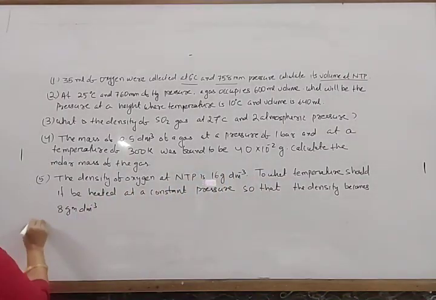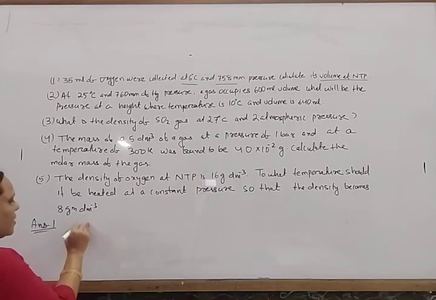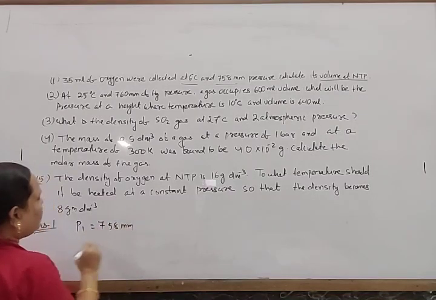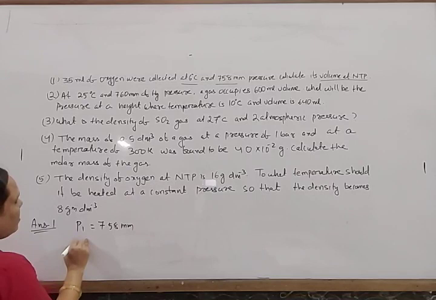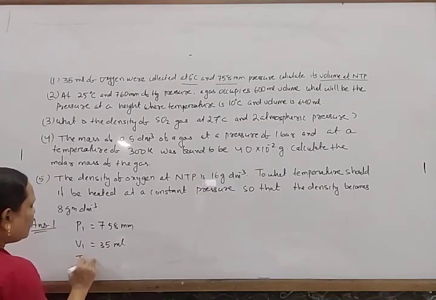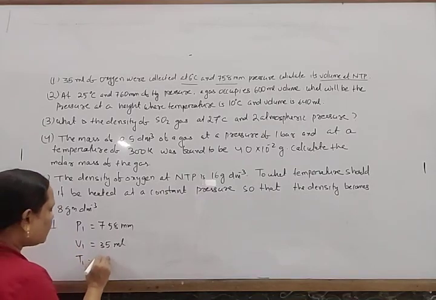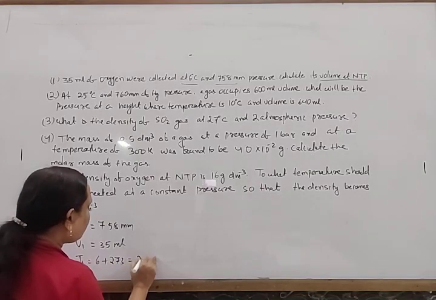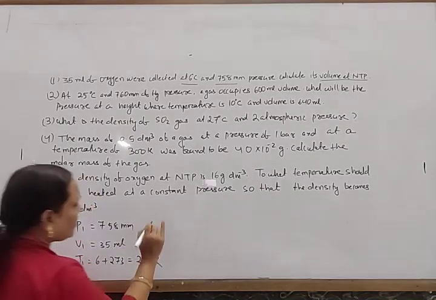For answer 1, given P1 is 758 mm pressure, V1 is 35 ml, and T1 is given in Celsius: 6 plus 273, that is 279 Kelvin.